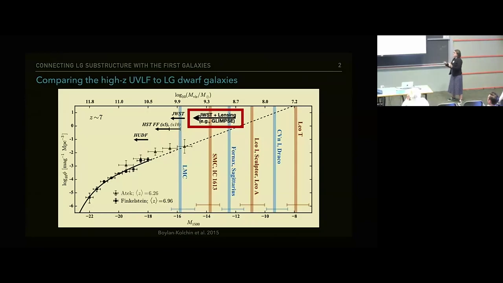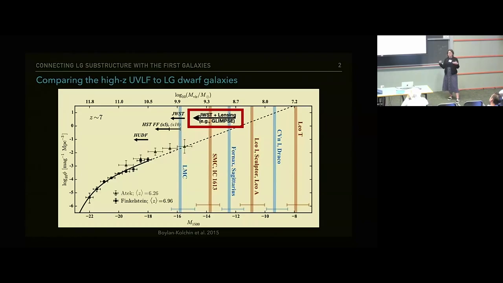So if you use JWST plus lensing, like Keem's program GLIMPSE, you will get down much further than this. However, that will only get you down to about the luminosity of Fornax or Sagittarius, and you're still missing a ton of the very faint galaxies.